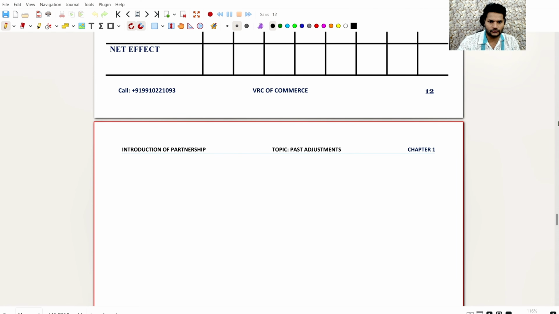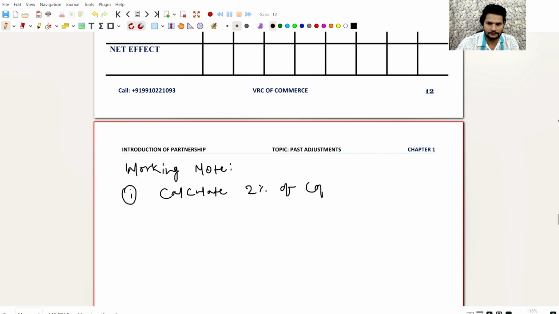Let's do the working note here. Working note number 1: calculate 2% of capital. Remember that 2% is the overstated amount, because you have provided 2% more interest on capital.